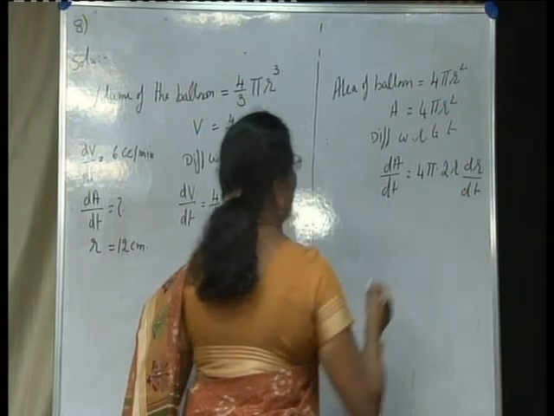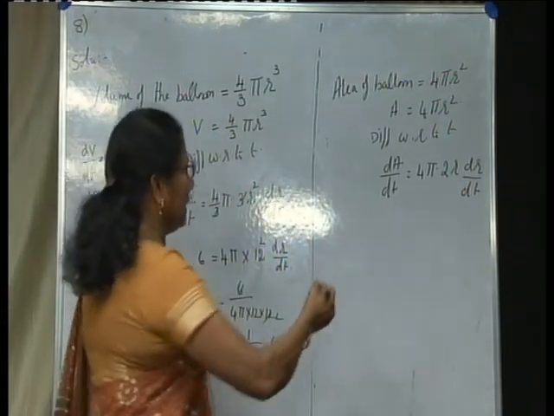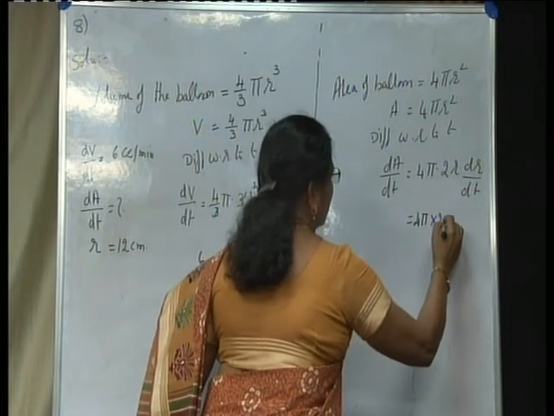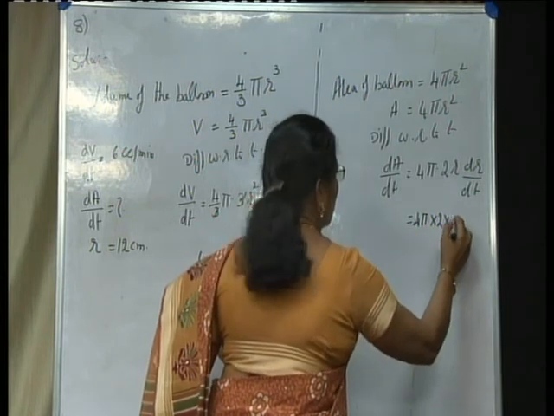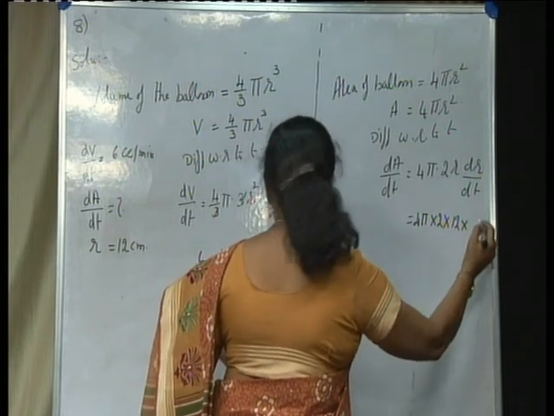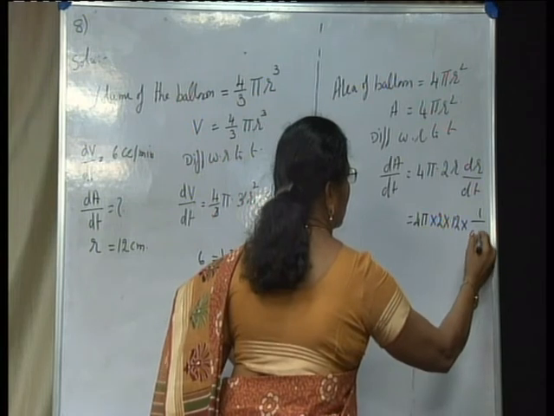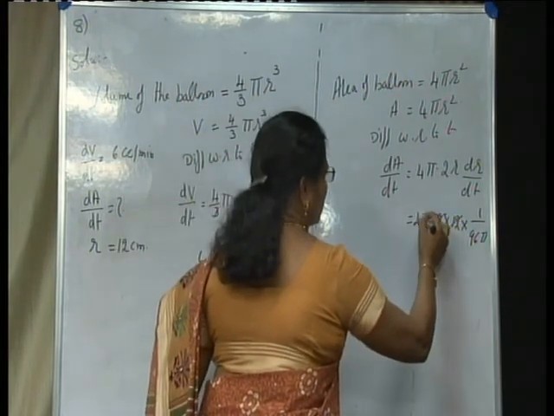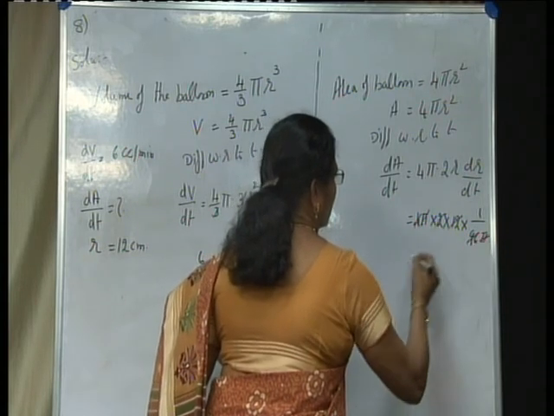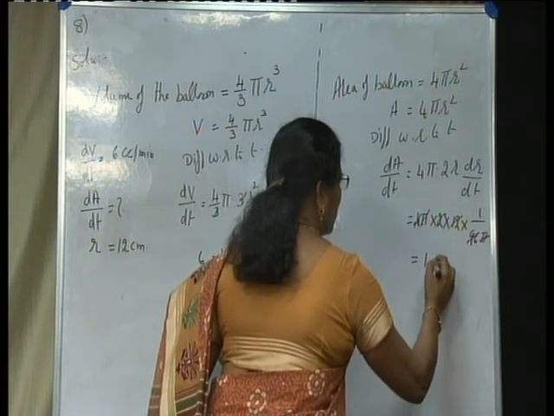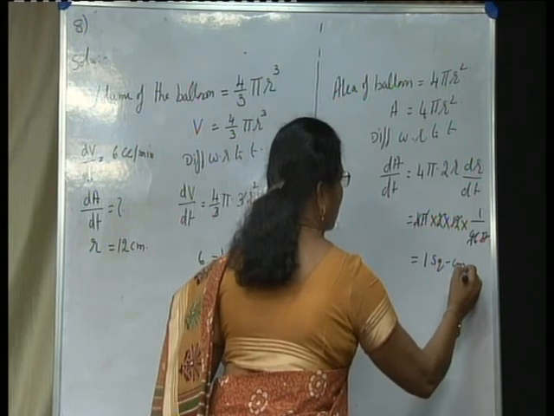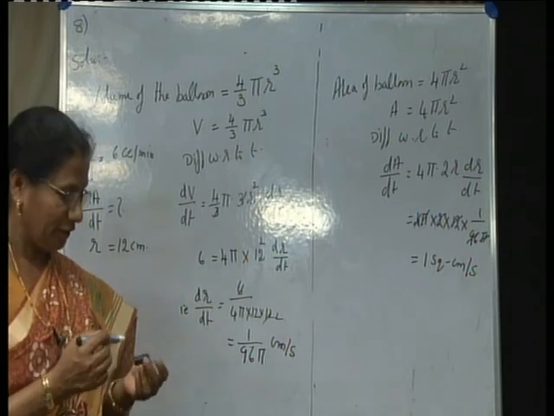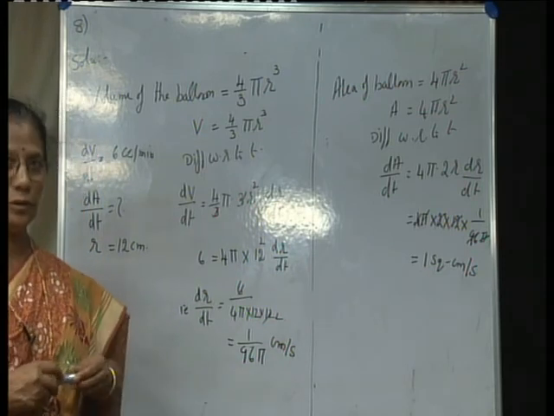See, without dr by dt we can't find the dA by dt. Substitute the values, 4 pi into 2, r is equal to 12, dr by dt is 1 over 96 pi. So, this is 1 square centimeter per second. So, the area is increases at the rate of 1 square centimeter per second.